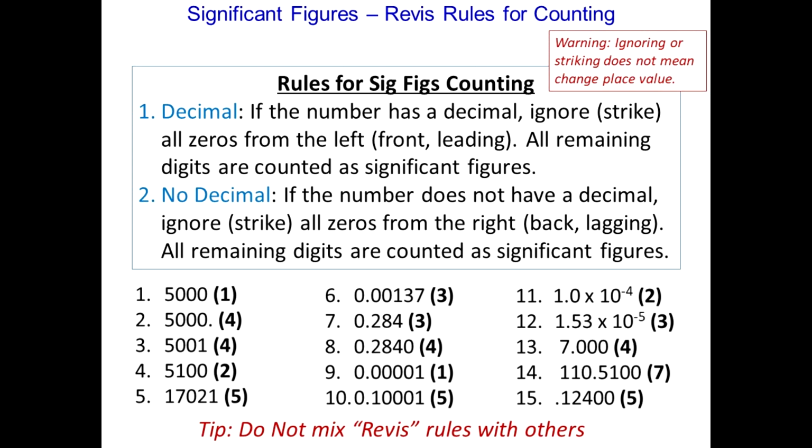Okay? Ready? Number 3. Is there a decimal? Which side do I strike? Which side? Left? You agree? Right? Okay, right then. Right side. Are there any zeros to strike? Come on, brave souls. Any zeros to strike? How many sig figs?